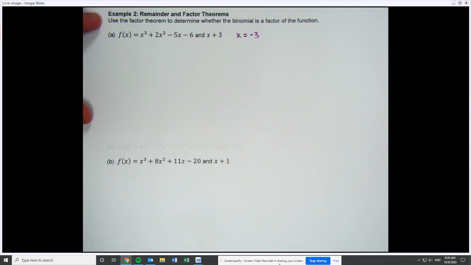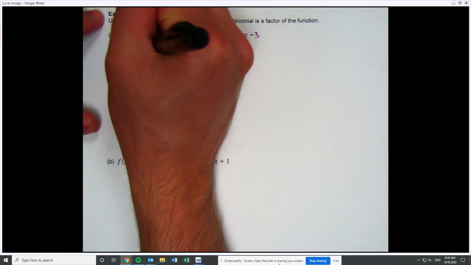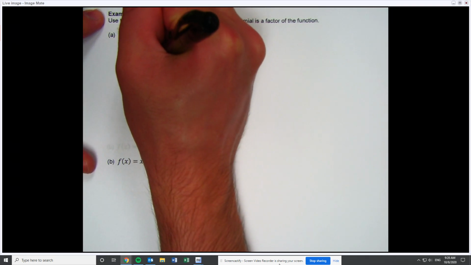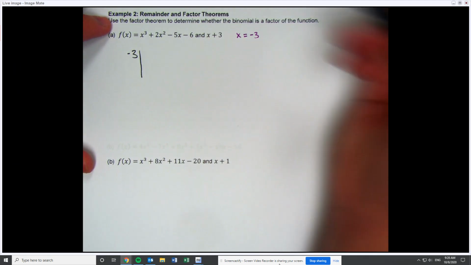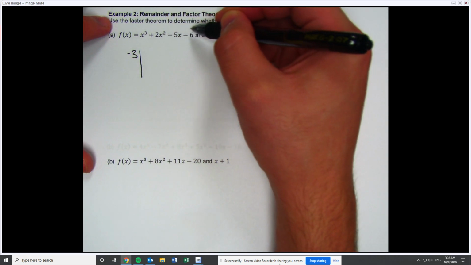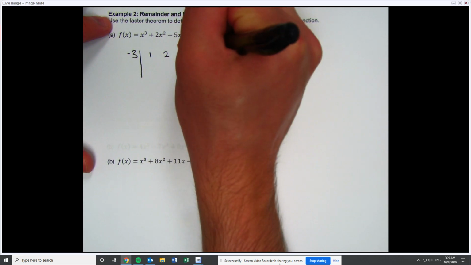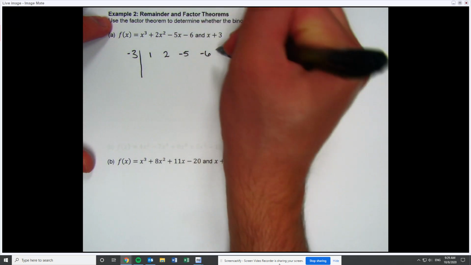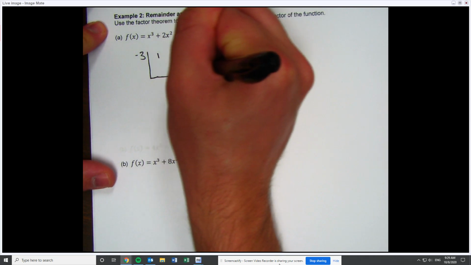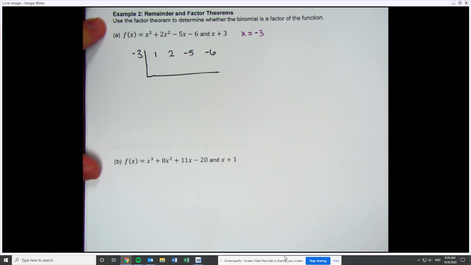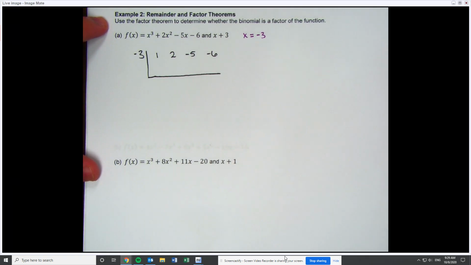All right, so doing our synthetic division, I have -3 on the outside. Check to make sure everything's there. 3, 2, 1, none. We have everything there. So 1, 2, -5, and -6. Now doing our division, I will drop my first one down.